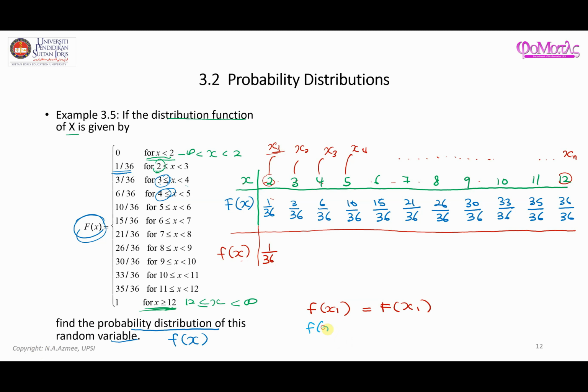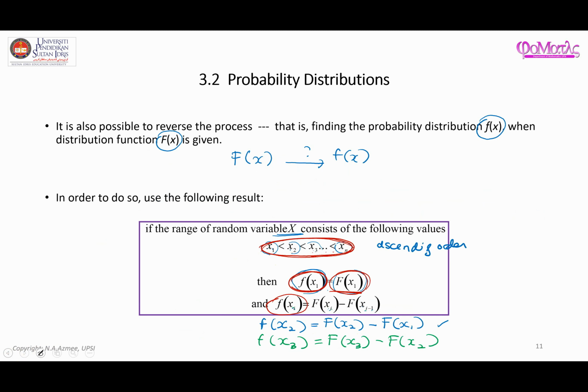Now, let's move on to this part. What is f(x2)? This is x2. According to what we have seen just now, in order to find f(x2), we have to take the cumulative probability for x2 minus the cumulative probability for x1.